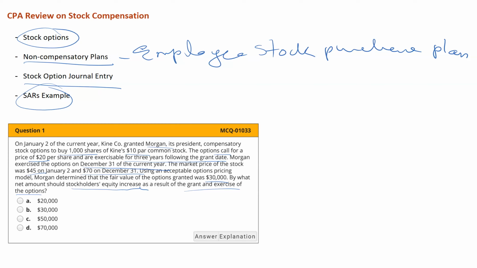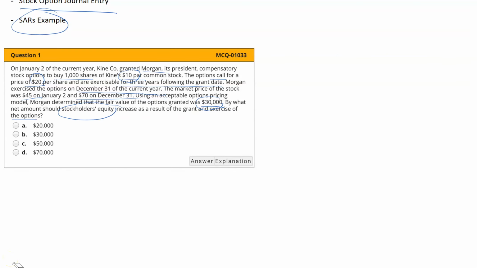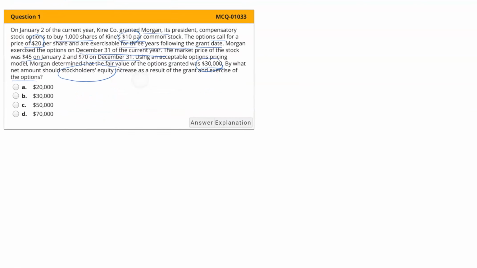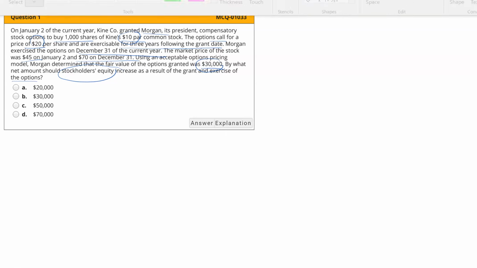Now let's do the numbers. So when the option was granted on January 2, year 1, we actually have to debit compensation expense, because on that day the CEO can exercise the option, so there is no service period.